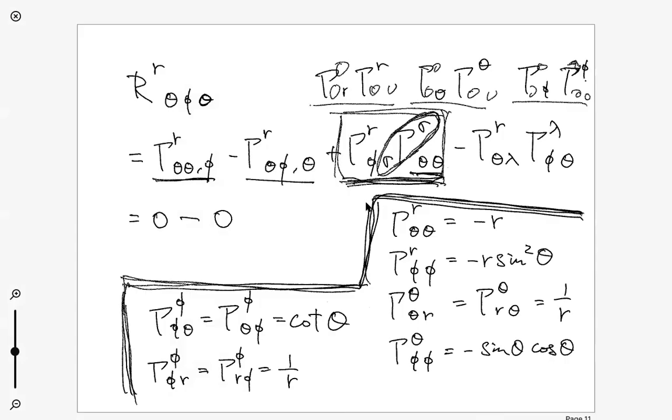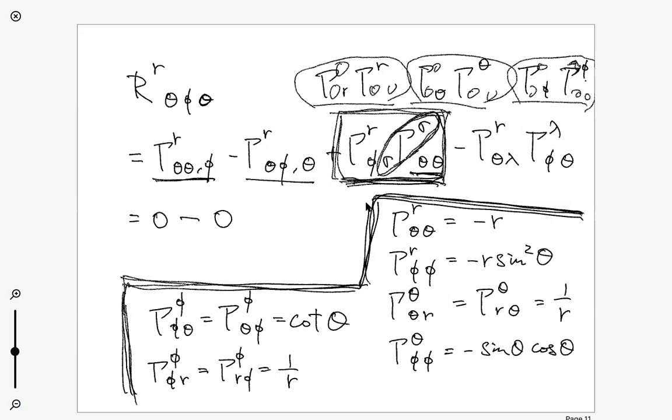The term that I want to calculate is the whole chunk of things here, which actually is the sum of this thing here and this thing here, right? Because sigma here is contracted, and sigma runs from r, theta to phi.